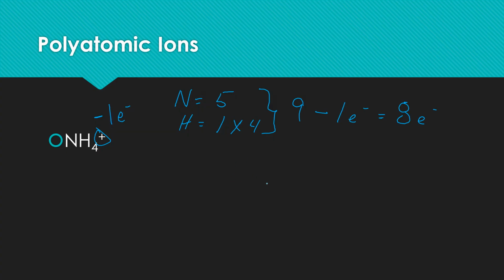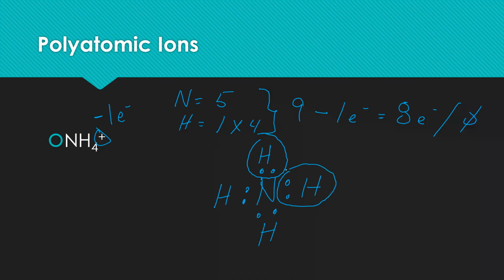Let's lay it out. Nitrogen in the middle, hydrogen surrounding, and then 1, 2, 3, 4, 5, 6, 7, 8. I've used up all my electrons, but full, full, full, full, and full.